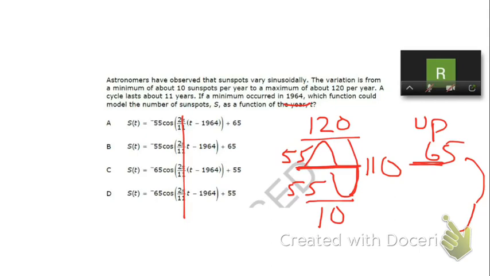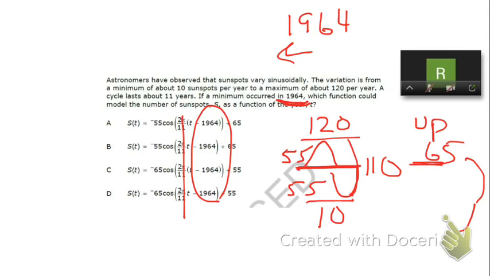So if we want to shift 1964, which is right here, to the left because we want to get it to 0, we're all subtracting 1964 here, so we're shifting it.